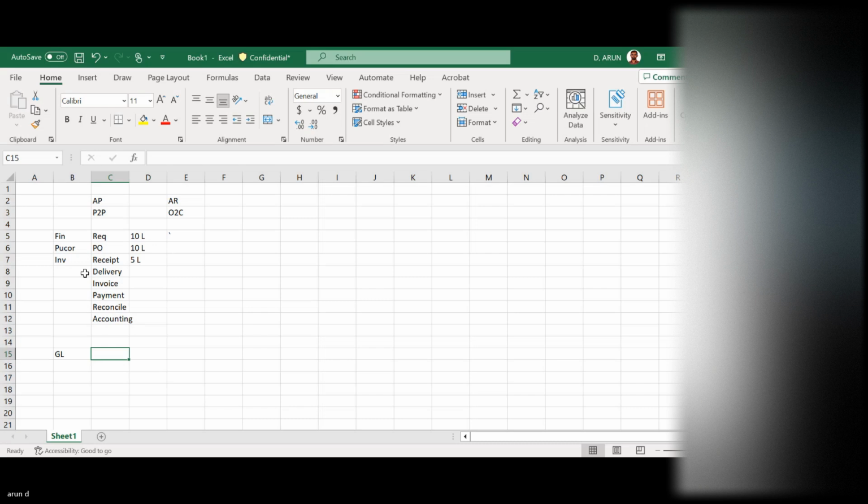Let's say I want to capture one supplier invoice. What information will I capture here in the AP module? I will have the supplier and the invoice number. The invoice number, of course, we will receive from the supplier, so that's free text that we will enter. Then we will have the invoice date, invoice amount, the tax, and other information.